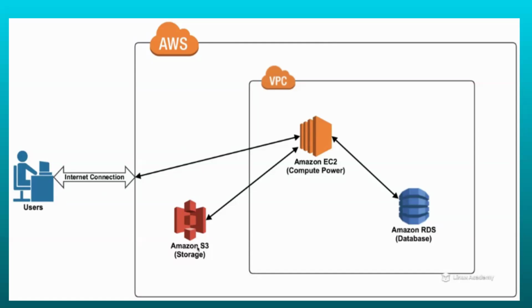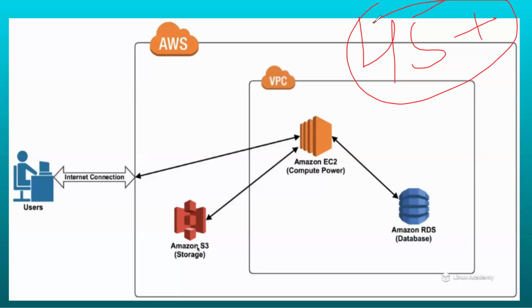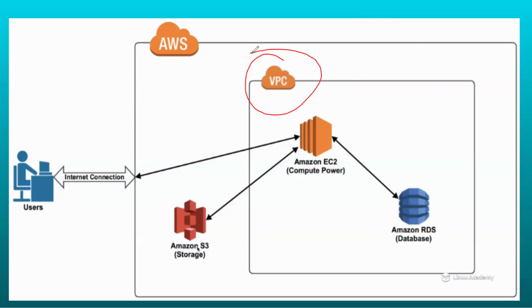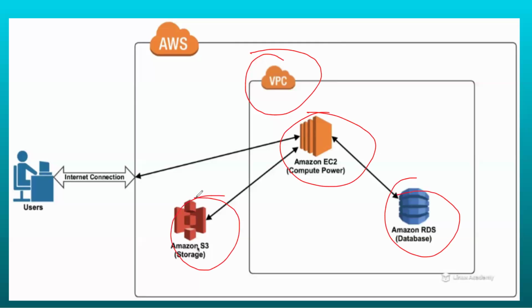More than 45 services we will learn under AWS, such as VPC, EC2, RDS, S3. So these services we are dividing into four models: the VPC model, EC2 model, RDS model, and S3 model.